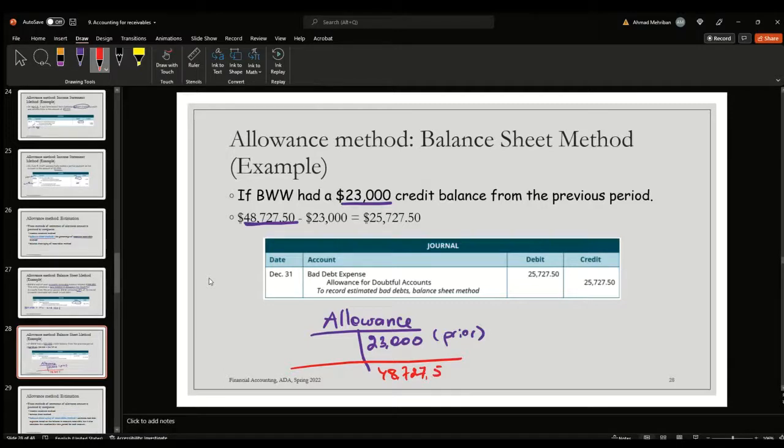So all I have to do is record the difference: 48,727.5 minus 23,000 gives me 25,727.5, right? So that exactly is the amount that I'm going to write. Even though the estimation has been made to be 48,727, it doesn't mean that we have to make an entry of that amount. We have to look at the balance in our allowance account.